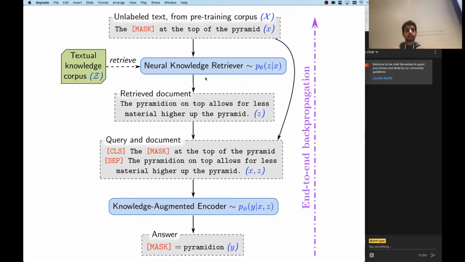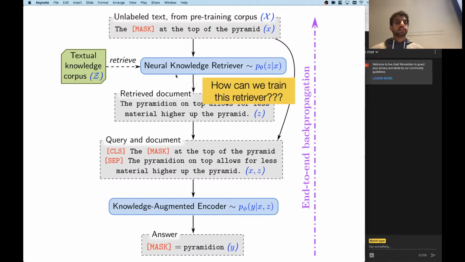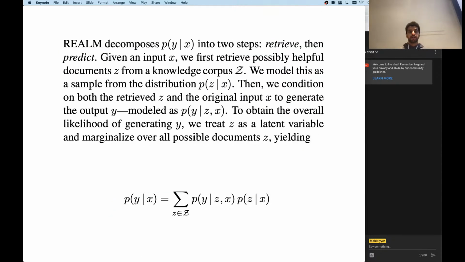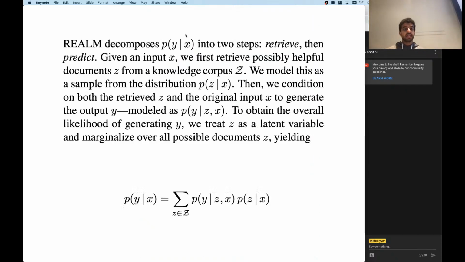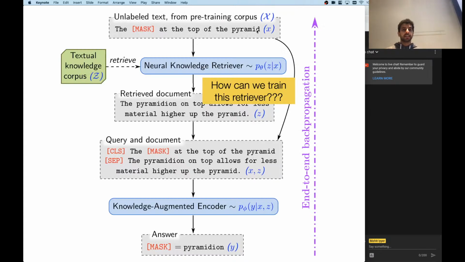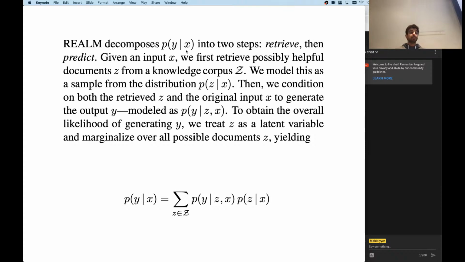So let's start by going over how you train this retriever, which is the most important part of this whole setup. If you look at this, y here is what is going into the mask token. The p of y given x, where x is the original input with the masked out pyramidion word, is a distribution over all of the words that go into that mask token, right?